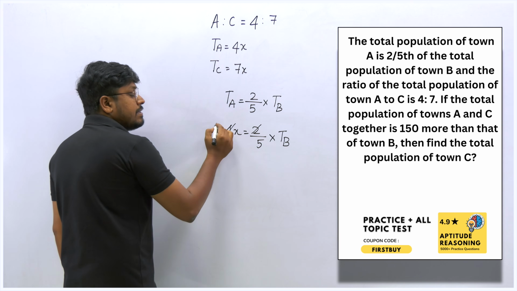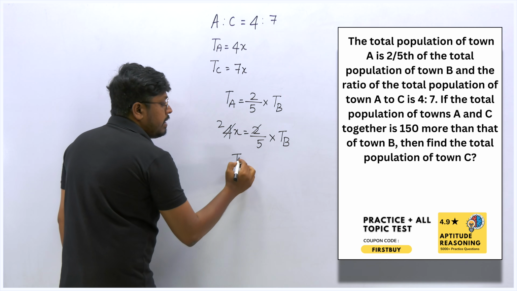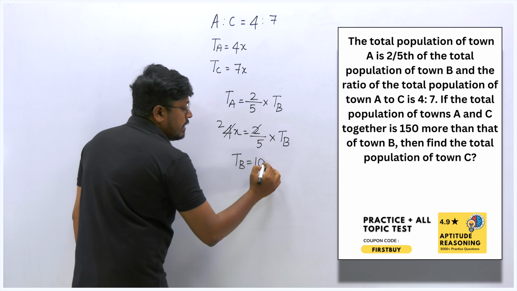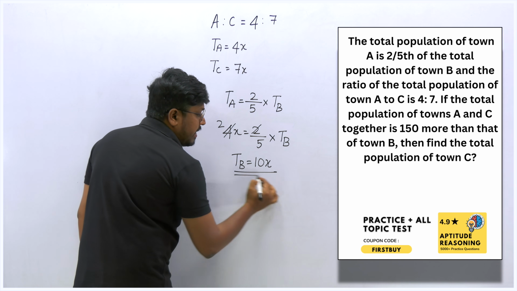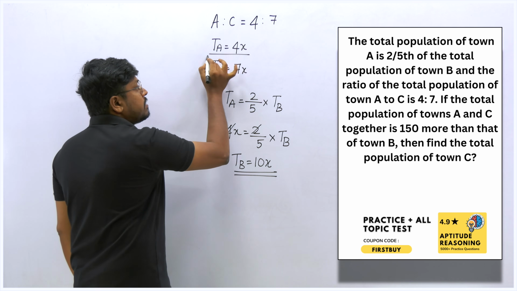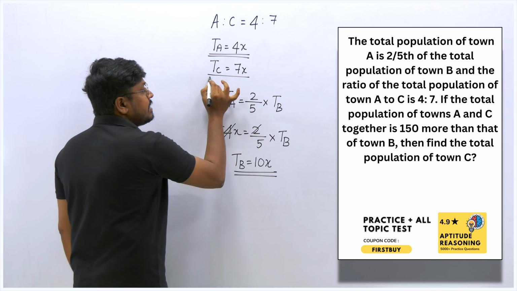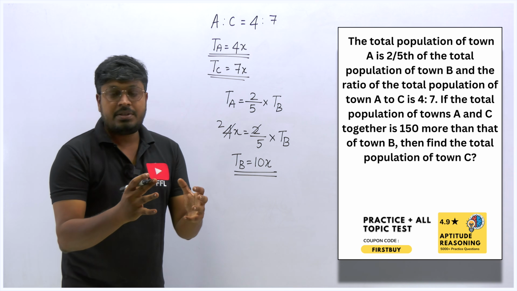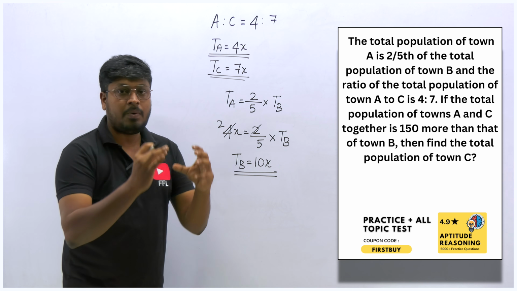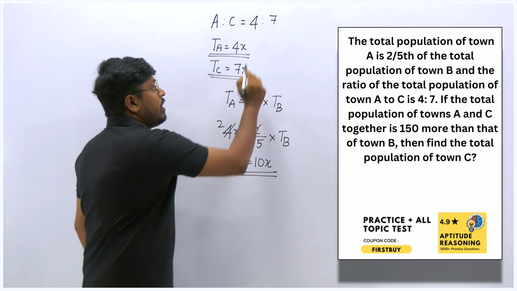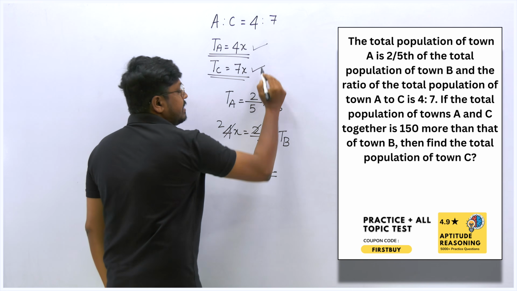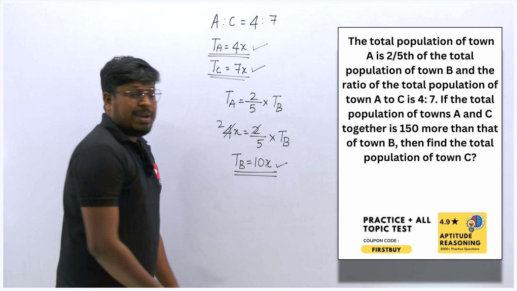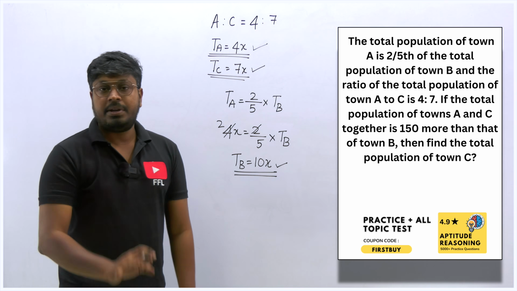Once you cancel this, town B population becomes 10x. So town B population is 10x, town A population is 4x, and town C population is 7x. The first thing I told you in the question was to find the total populations of town A, town B and town C. Yes, we have found it. Now finding all the remaining values in the question will be easy.